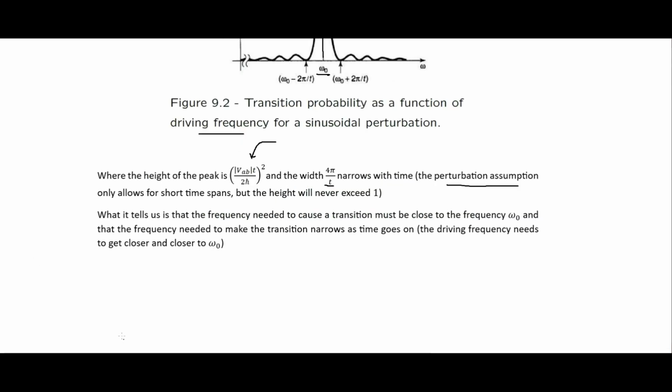So what this tells us is that the frequency needed to cause a transition must be close to the transition frequency omega sub naught, and that the frequency needed to make the transition narrows as time goes on. So the driving frequency needs to get closer and closer to this transition frequency.